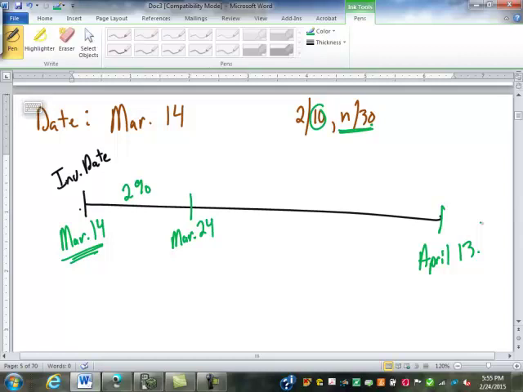To help you count these days, by the way, there is a table in your book. I believe it's page 396, if I've got the right page number written down. And we will use this table a couple of different times throughout the last couple units here. And there it is. It is on page 396.